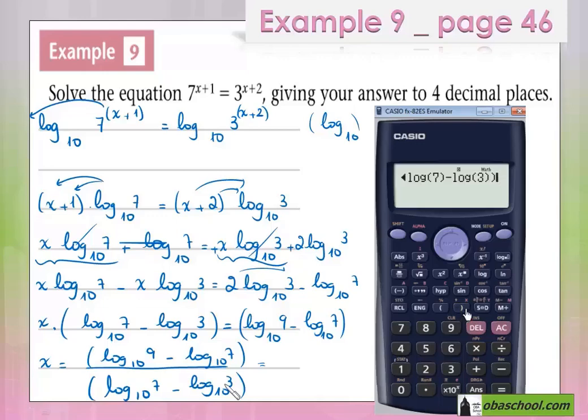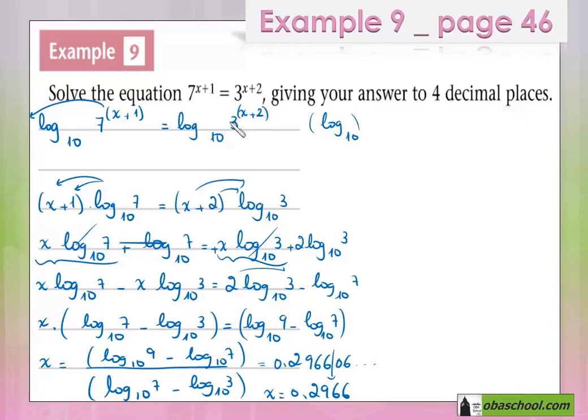The final answer is 0.2966606, etc. But the question asked us to give the answer correct to 4 decimal places. So x is equal to 0.2966. That would be the final answer for this equation.